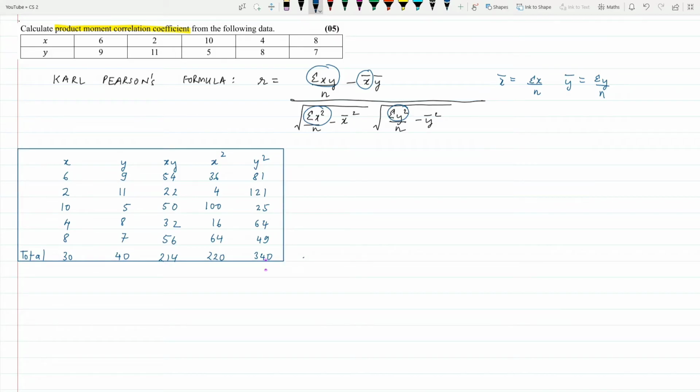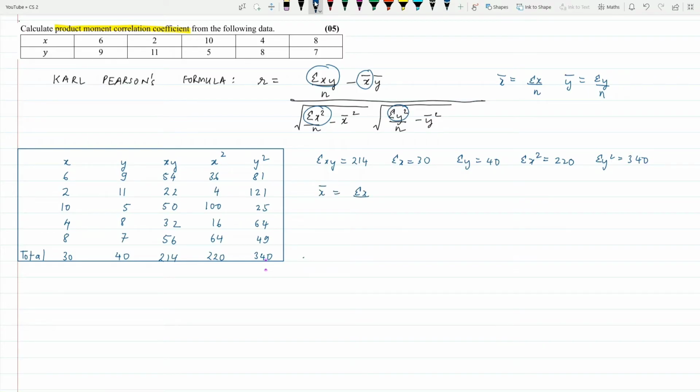Now we will move on to the formula. We already have the formula listed here. So we have got sigma of xy as 214, sigma of x as 30, sigma y 40, sigma x square 220, sigma y square is 340. Firstly, we will evaluate x bar and y bar.